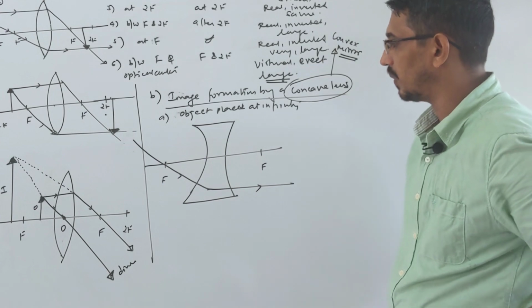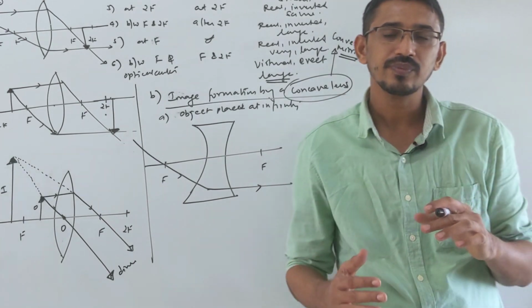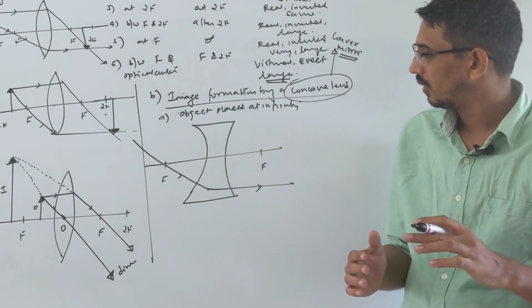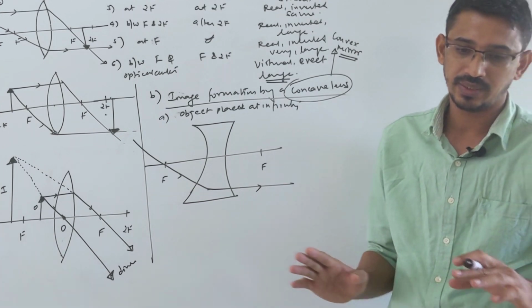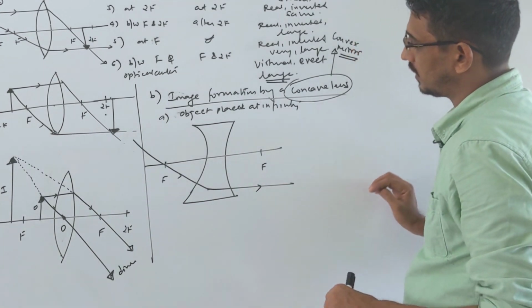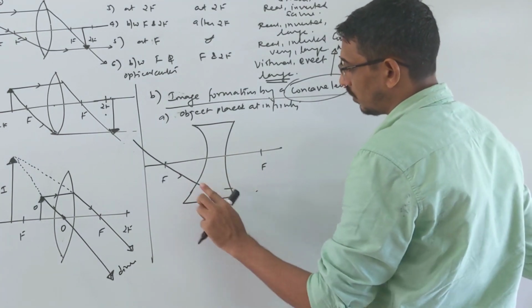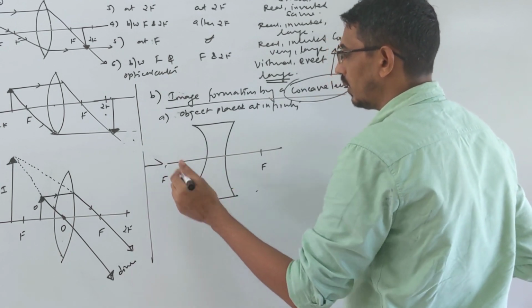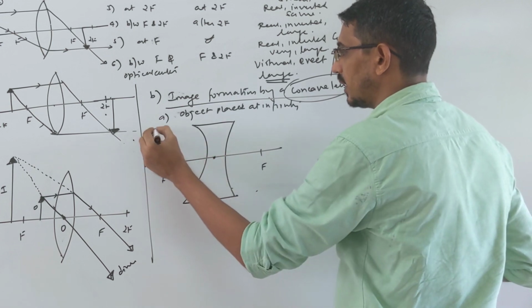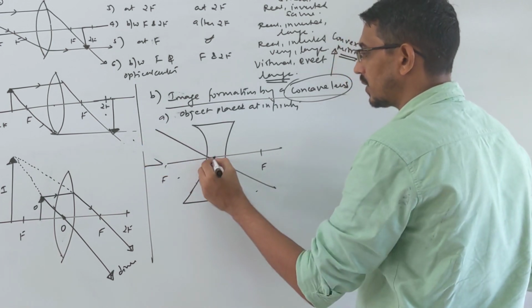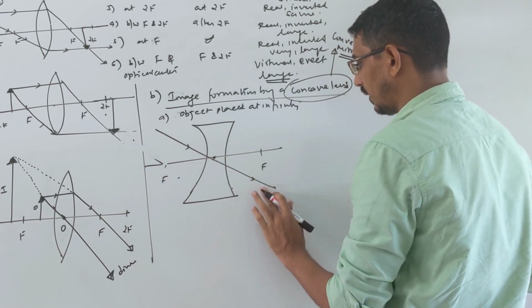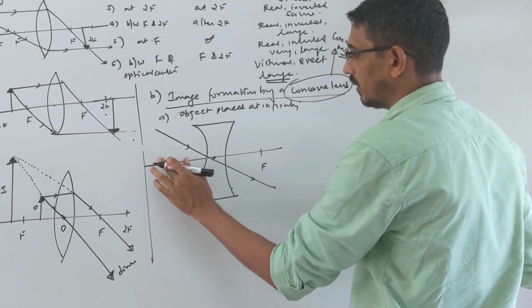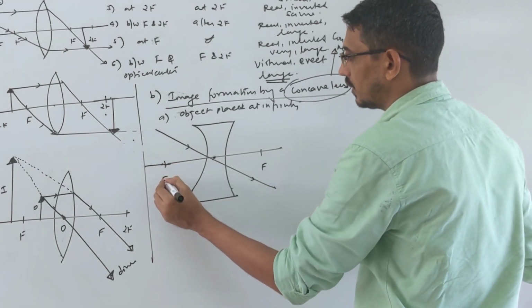And now what happens, one ray, yes, I drew it correctly, I think there is no problem. I should draw it this way, because really they should not meet. Let me correct it. One ray passing through the optical center, let's write this one first, it will pass straight, no problem, correct? It will pass like that, this is your focus.